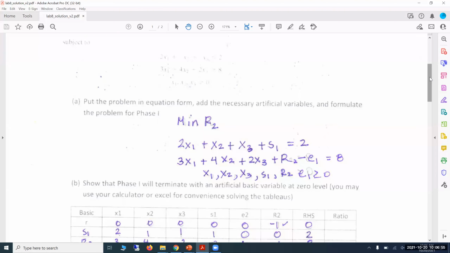So you don't want them to have a value different than 0 when you solve that first phase. If you think of this from a practical perspective, let's say you're solving a production problem. You're trying to decide what to produce next week. You have these constraints that are greater or equal to or equalities, and you're trying to solve this problem by hand using the simplex method. If you bring in those artificial variables, they're not representing anything in your production problem.